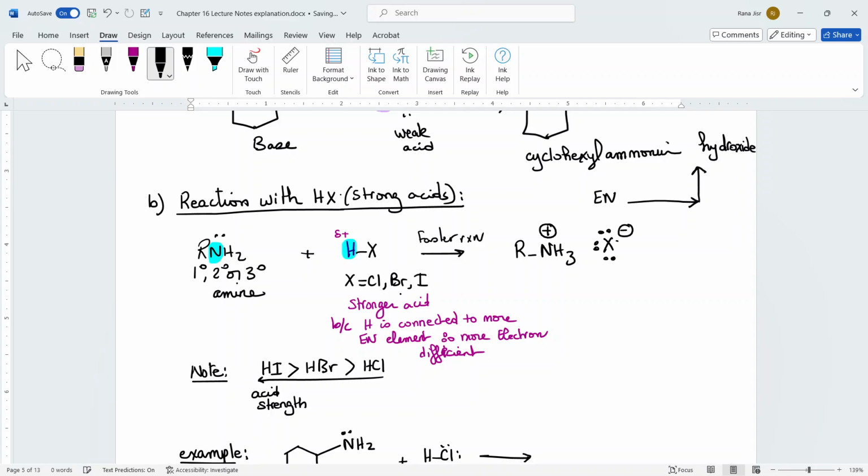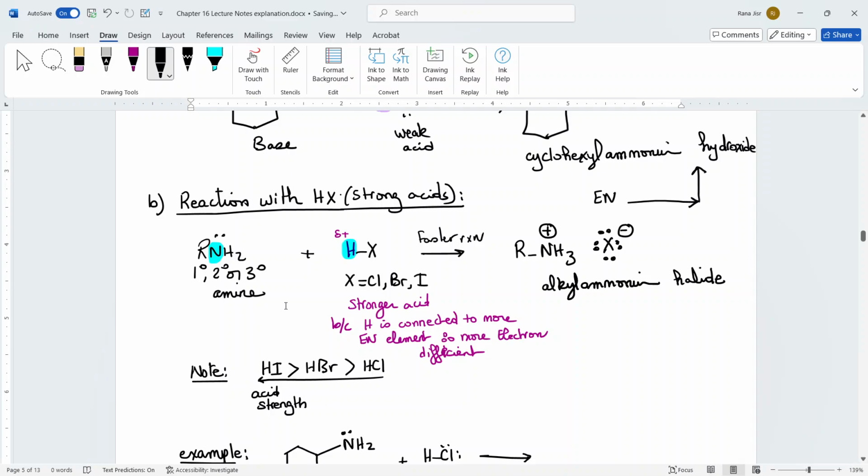We know that the halogen needs to have 4 lone pairs to have a negative charge, and we're going to name this an alkyl ammonium and a halide. The halide can be chloride, bromide, iodide. It is based on the halogen that you are working with.